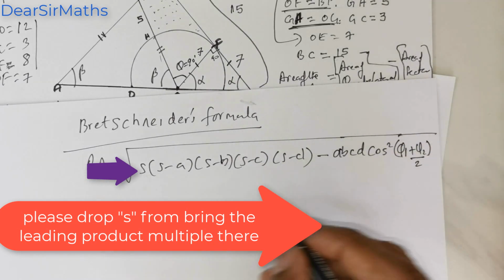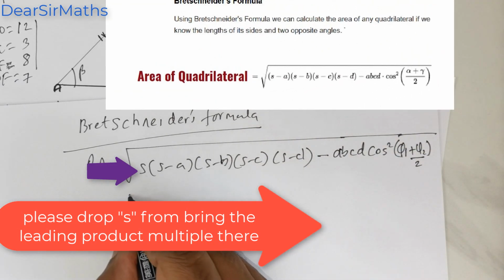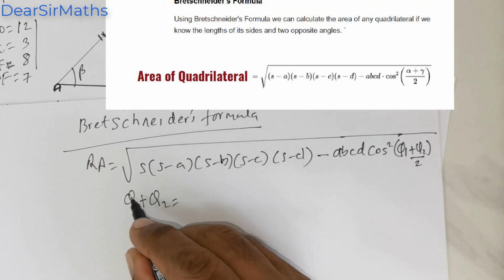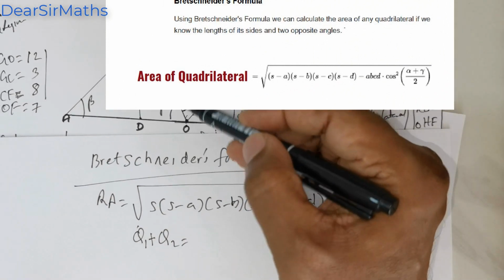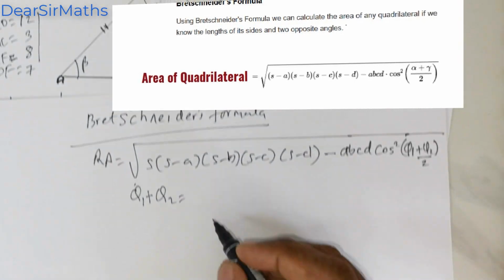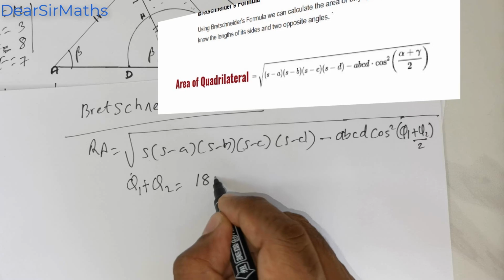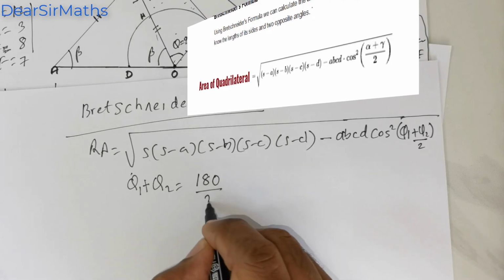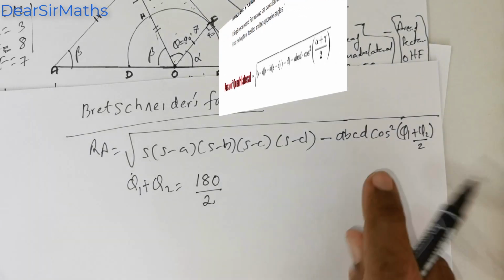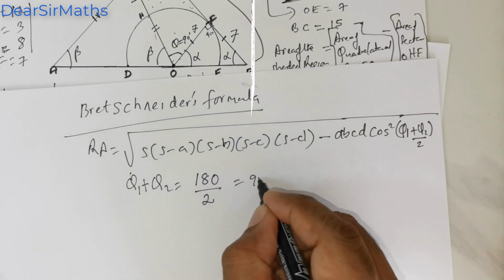Now we know theta 1 plus theta 2. Both of them are 90 degrees, so we need to take these opposite angles, this angle and this angle. So that's going to be 180 degrees. 90 plus 90 is 180, divided by 2 is 90.